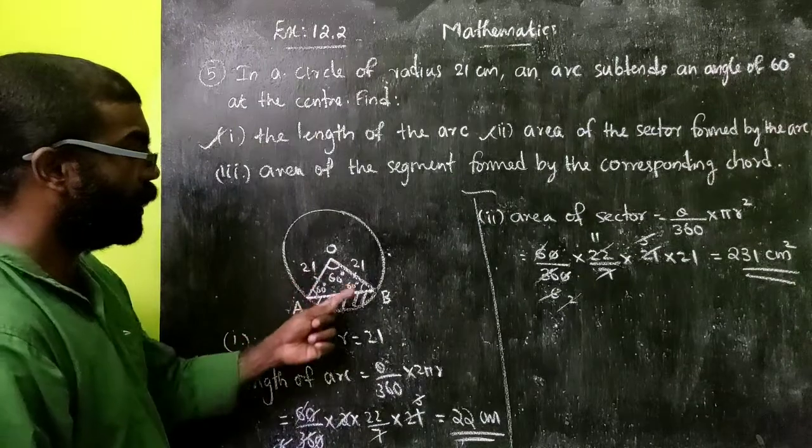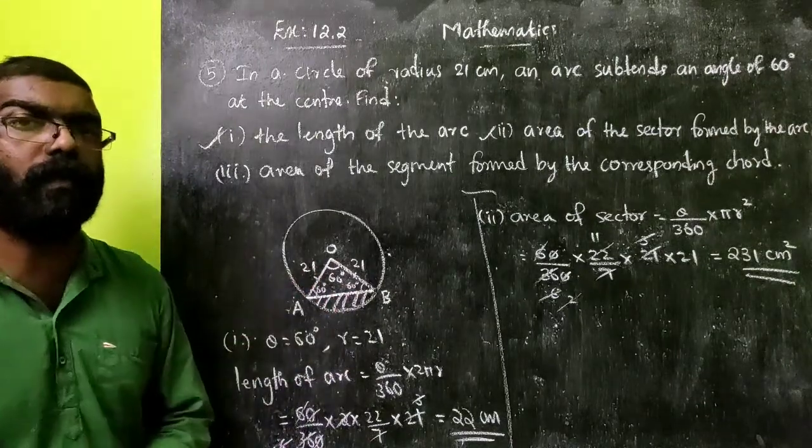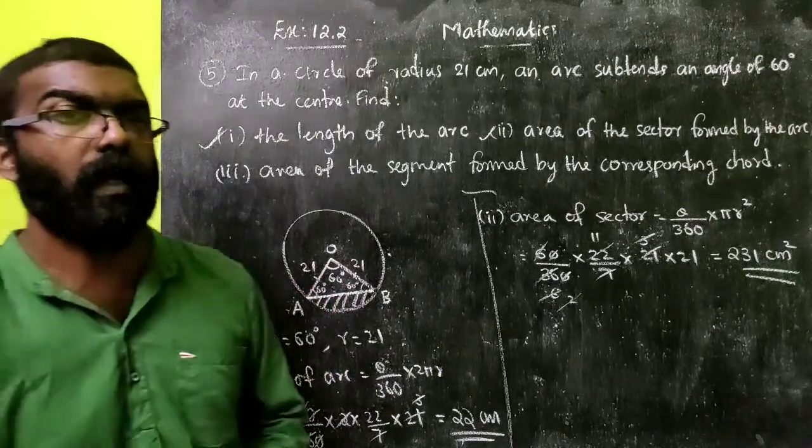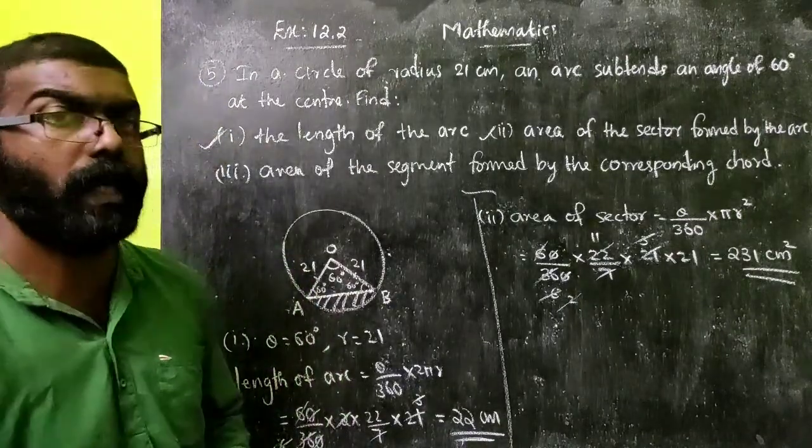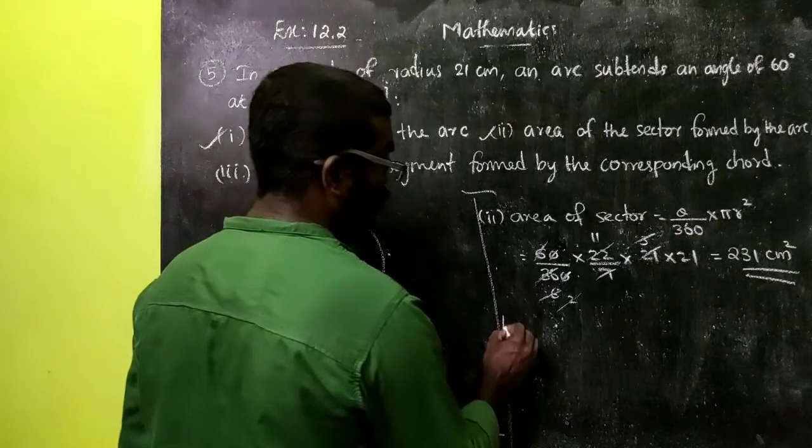Okay. Now we get an equilateral triangle and we have a formula to find area of an equilateral triangle: root 3 by 4 a square. Okay, root 3 by 4 into side square. That we can find first.